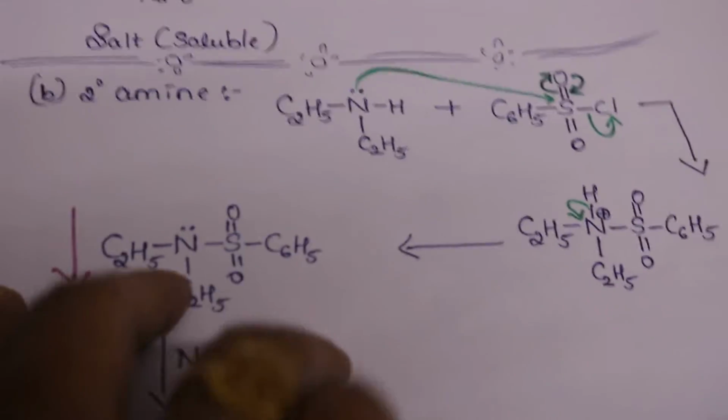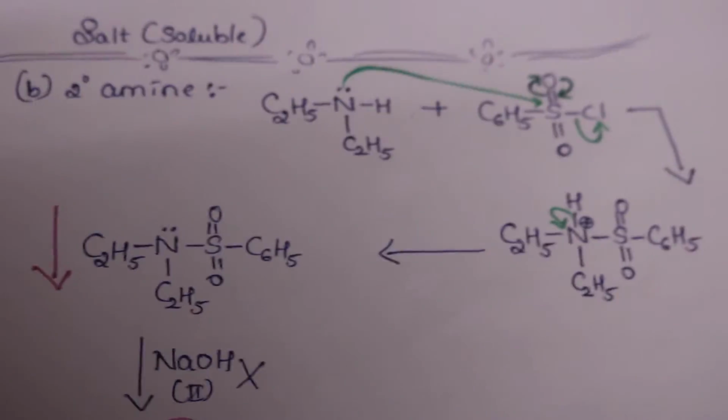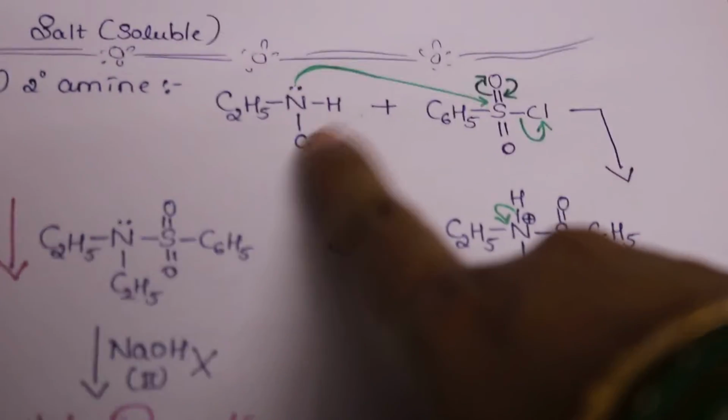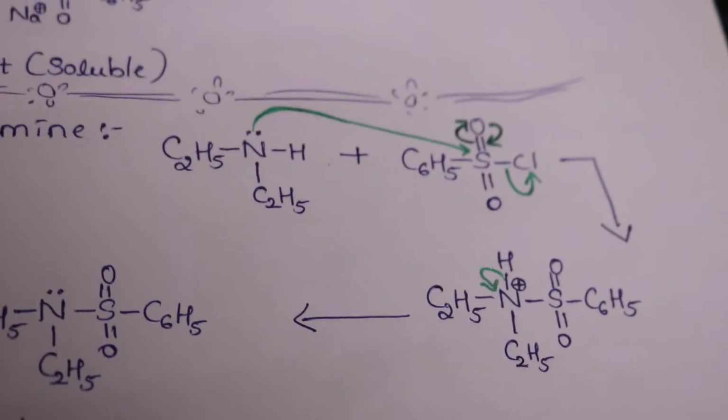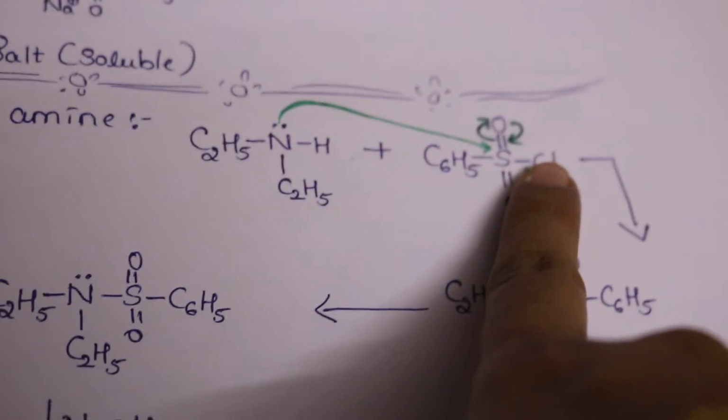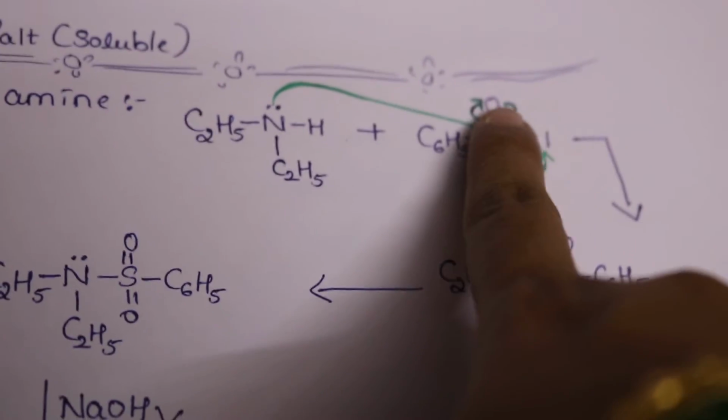Secondary amine, there is a lot of difference between the primary as well as secondary amine. For the secondary amine, we have to take the secondary amine C2H5 NH C2H5, diethylamine, where it is treated with the aryl sulphonyl chloride. Same, nitrogen donates lone pair of electron to the sulfur, and oxygen back bonding takes place, chlorine will leave the group.